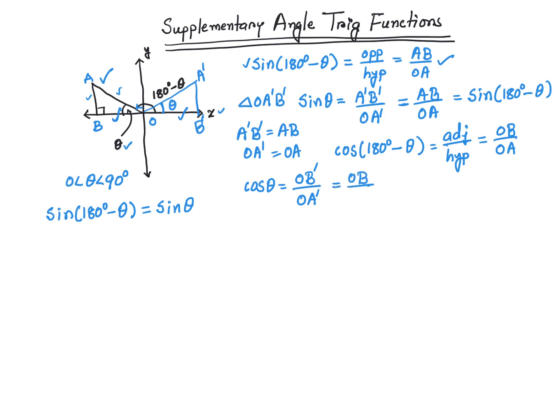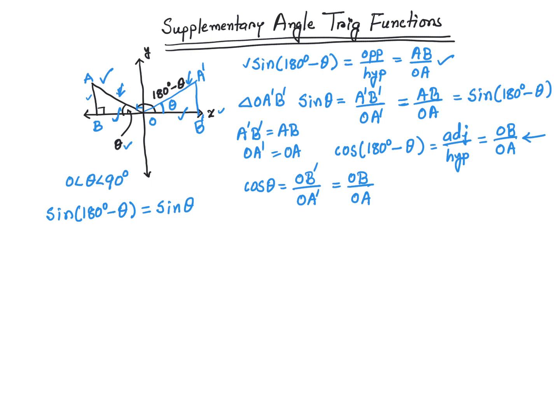And OA prime, which is the hypotenuse, must be equal to the hypotenuse of the other triangle. Both triangles are identical, so the hypotenuses are the same, which gives me OA. By the way, note that this is the same.